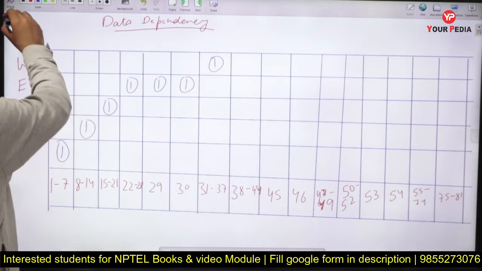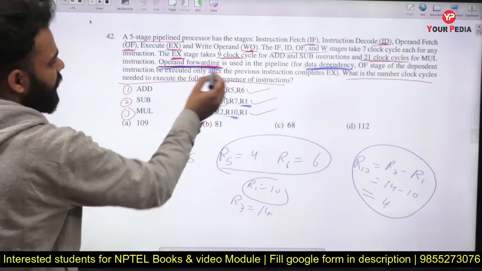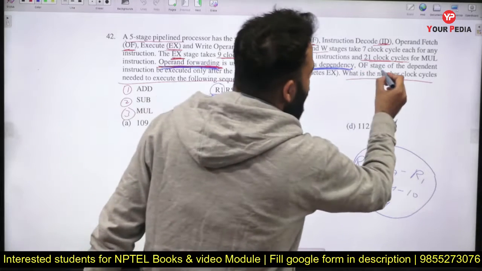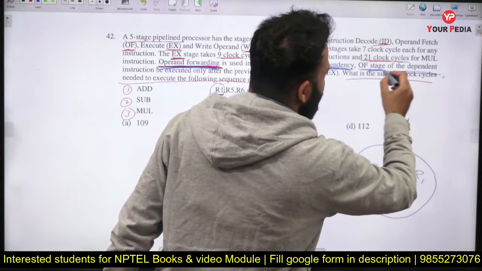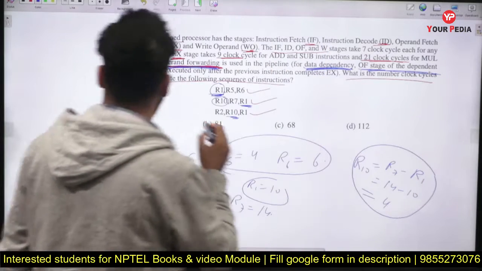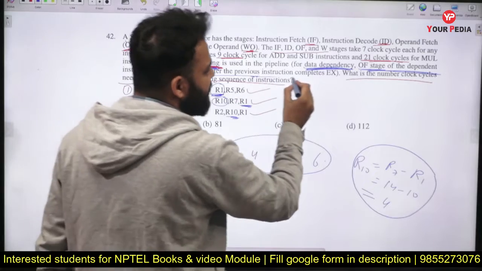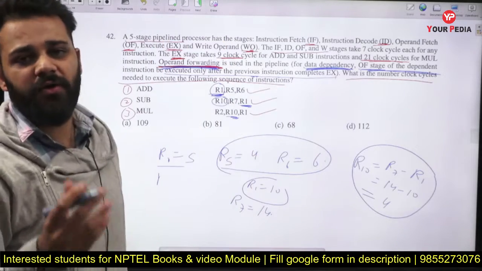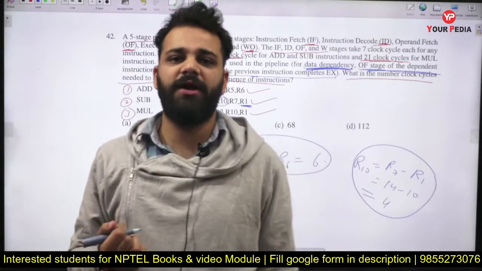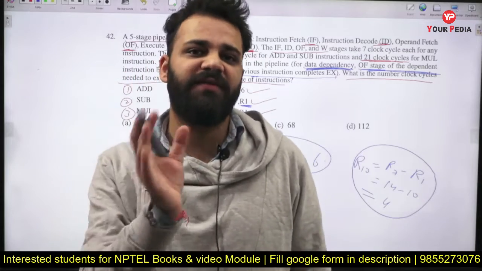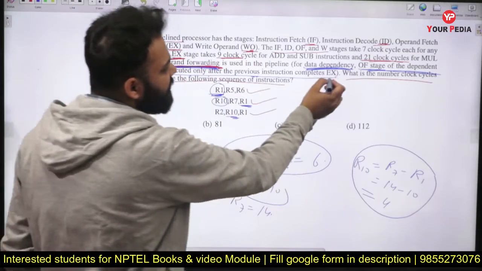Now it is saying that by using the operand forwarding technique, the operand fetch stage of the dependent instruction will be executed only after the previous instruction completes EX. If you want to fetch the operand, you can fetch it after the previous instruction has completed its execution stage.